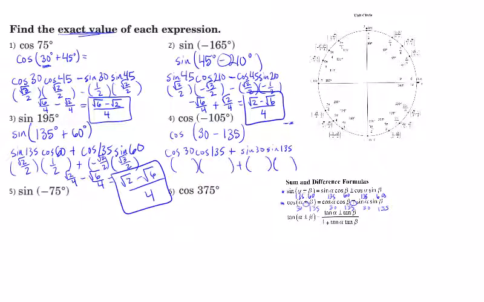So cosine 30 is going to be root 3 over 2. Cosine 135 is going to be negative root 2 over 2. Then we have sine 30, which is 1/2, and sine 135, which is root 2 over 2.